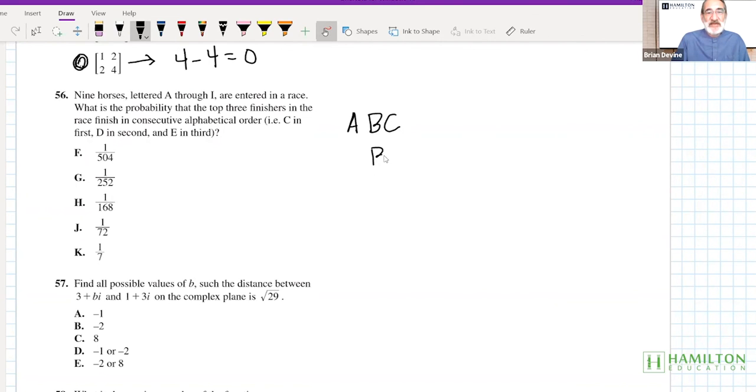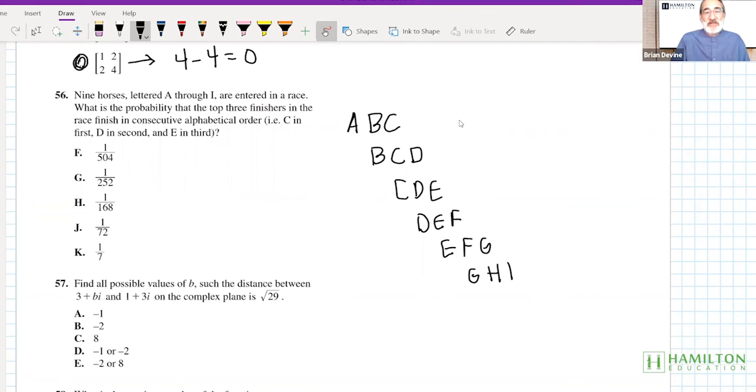We could have B, C, D. We could have C, D, E. Or D, E, F. Or E, F, G. Or G, H, I. And we've got 1, 2, 3, 4, 5, 6 different ways that they could do it.